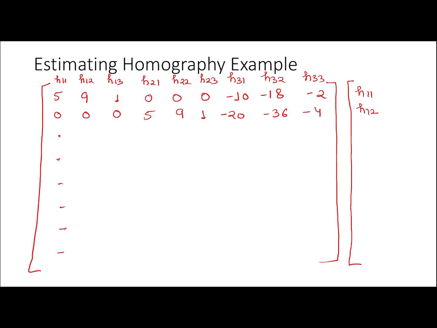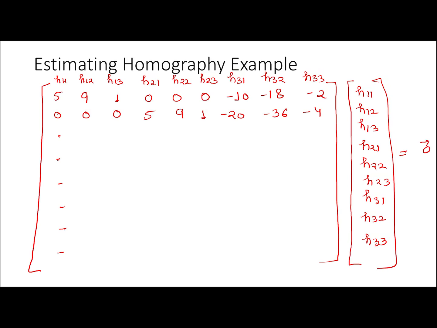I can write it in this manner. These are the coefficients with respect to this. So in matrix format, I can write it like this. Now I have these knowns here and I have to estimate this H vector.